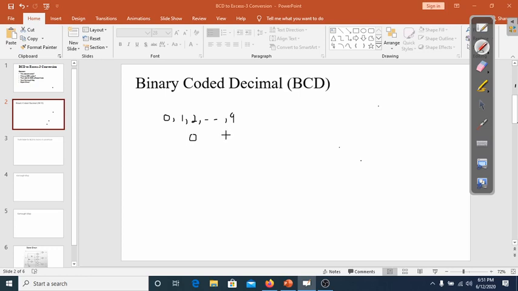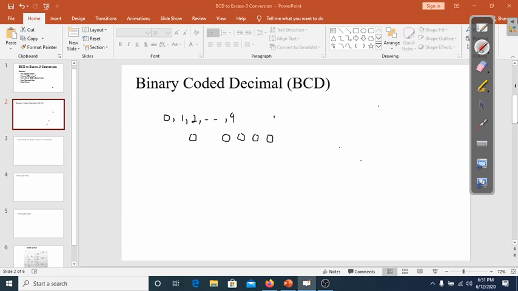So corresponding to 0, we assign 0, 0, 0, 0.